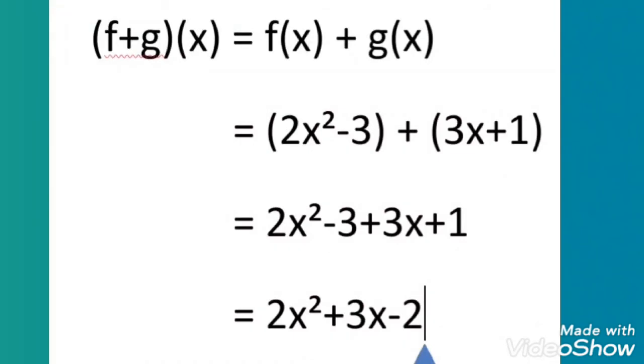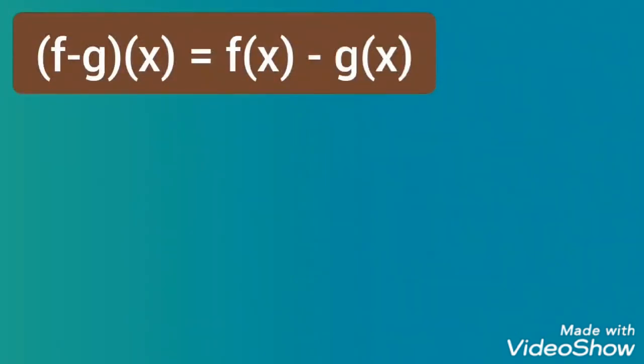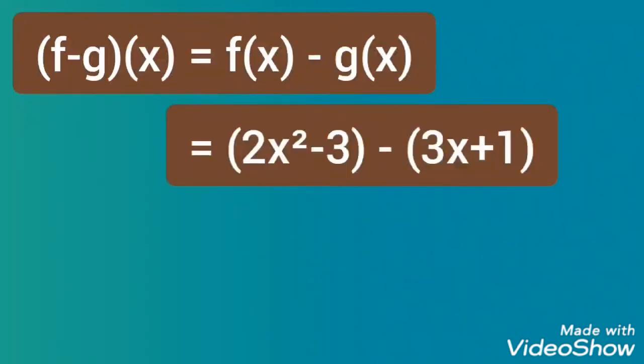Now let us move on to the difference. We have here f minus g of x equals f of x minus g of x. So let us just do the same. We're just going to substitute the values of f of x and g of x. That is 2x squared minus 3 minus (3x plus 1).